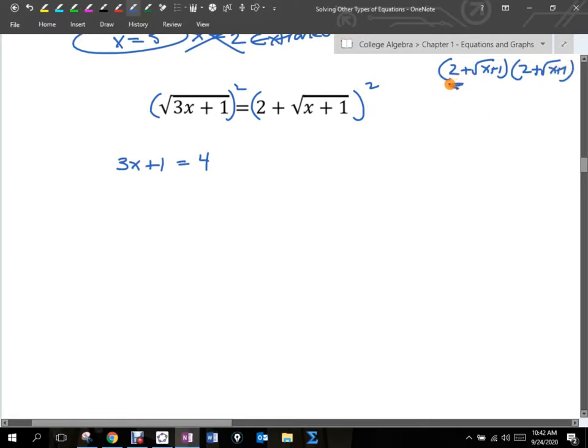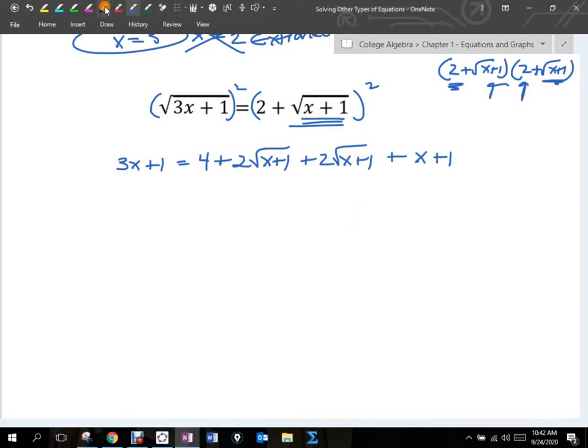So I'm going to take outside times outside, so it gives me plus 2 root x plus 1s, right? Then inside times inside gives me another 2 root x plus 1s. And then last times last will be squaring a radical, which just gives me the radicand, right? Gives me the x plus 1.